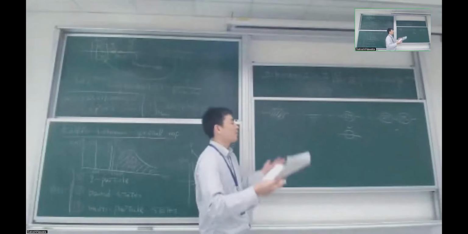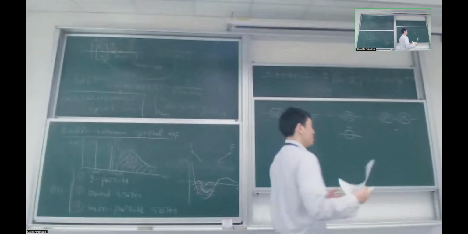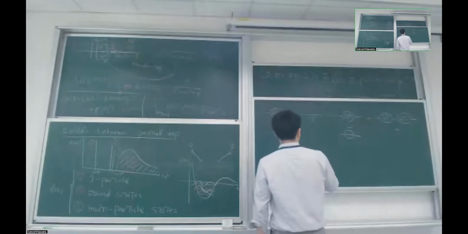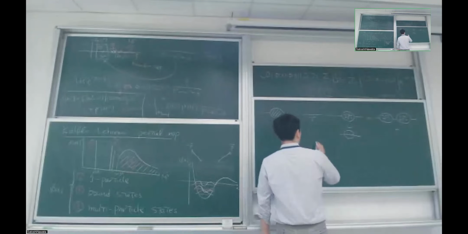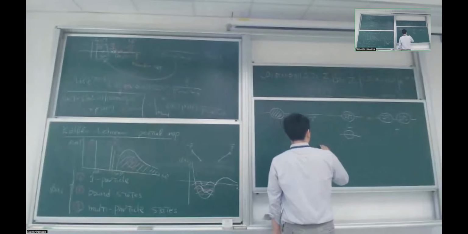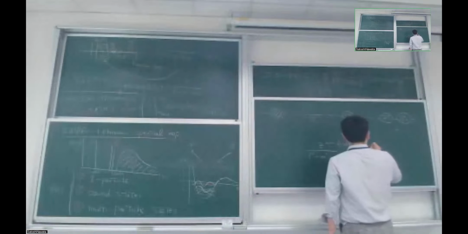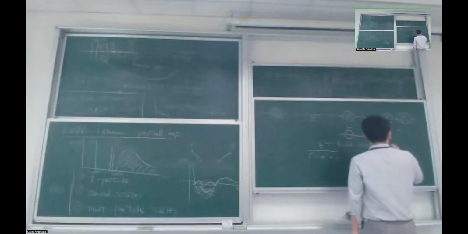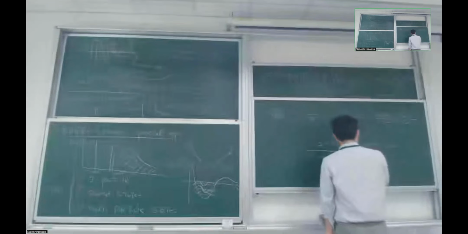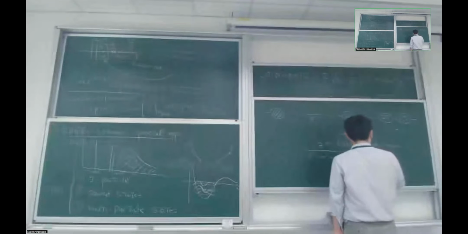Feynman parameter, Wick rotation, dimensional regularization, or Pauli-Villars, and what you get is i Z over p squared minus m star squared plus i epsilon. And we call this one the field strength renormalization, or wave function renormalization. It's the same thing.